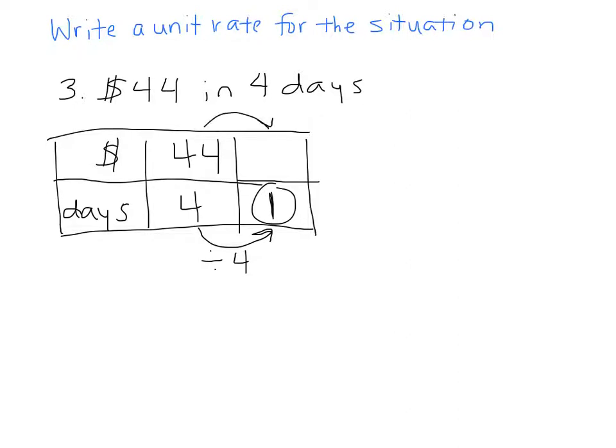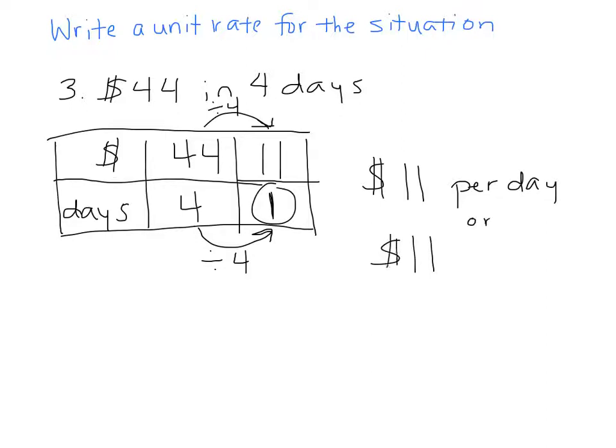Whatever you do to the top, you have to do the same to the bottom. 44 divided by 4 is 11. So my answer would be $11 per day, or $11 in a day would work as well. So this would be our answer.